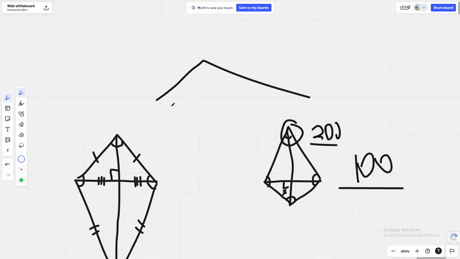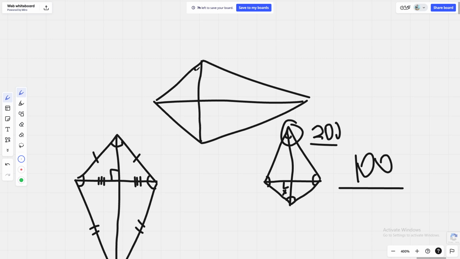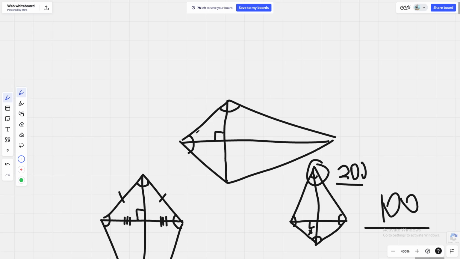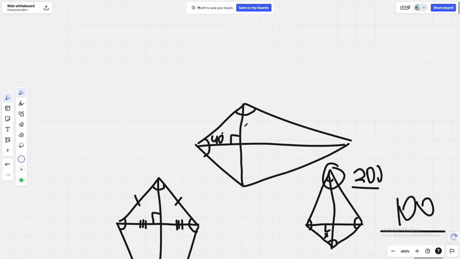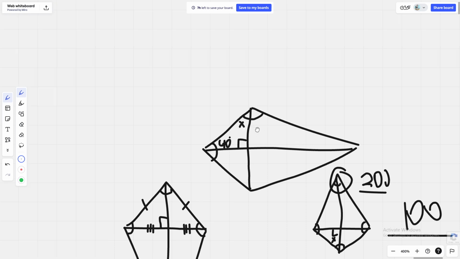So let's say we also have questions like this. Let me just draw. Let's say this is 40. Here we're trying to find the angle x.